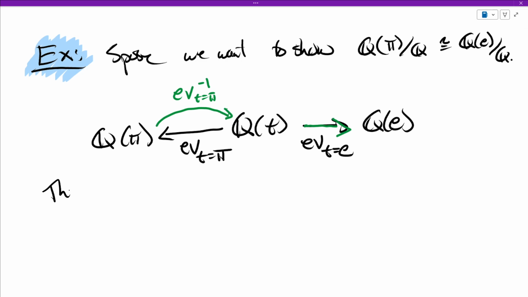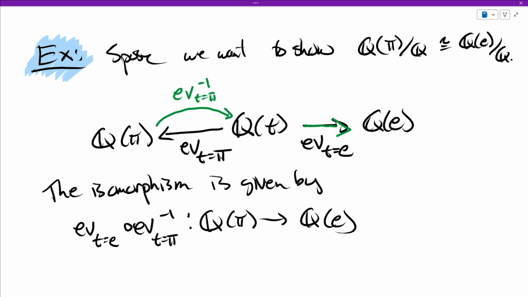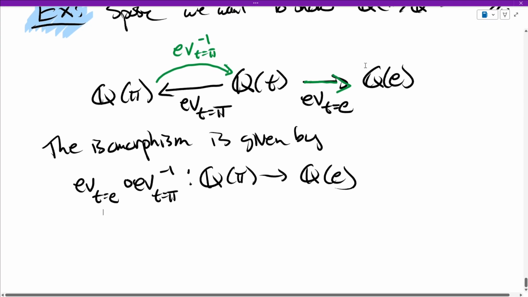So the isomorphism from Q adjoin pi to Q adjoin e is given by the composite. You first undo evaluating t at pi, and then you evaluate t at e. Now this has a very simple interpretation.